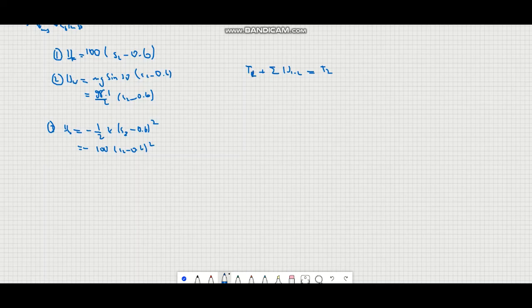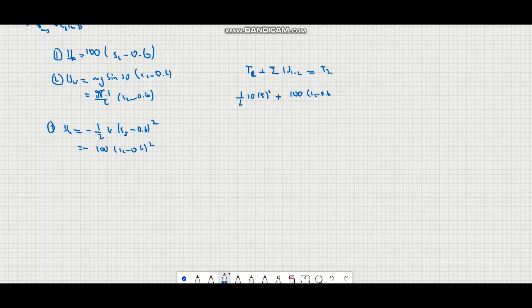The first kinetic energy is 1 over 2, m is 10, and velocity 5 squared, plus 100 times S2 minus 0.6, plus 49.05.